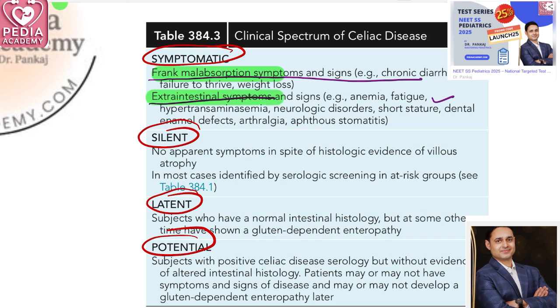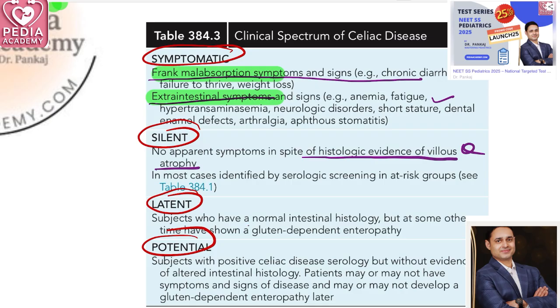Silent CD has no apparent symptom in spite of histological evidence of villus atrophy. So what is silent celiac disease? The histological evidence of villus atrophy is there, meaning the intestinal issue is there, but there is no symptom. It is silent. What is latent?